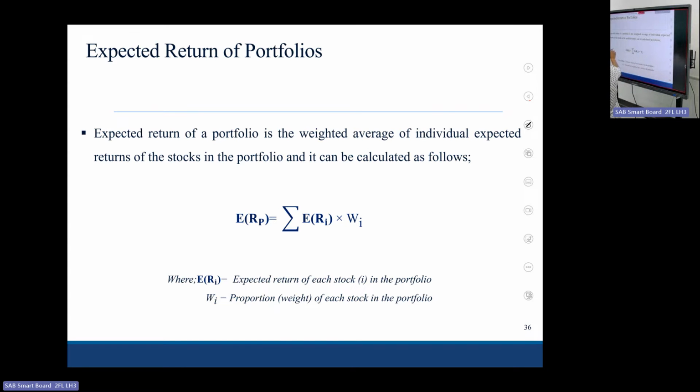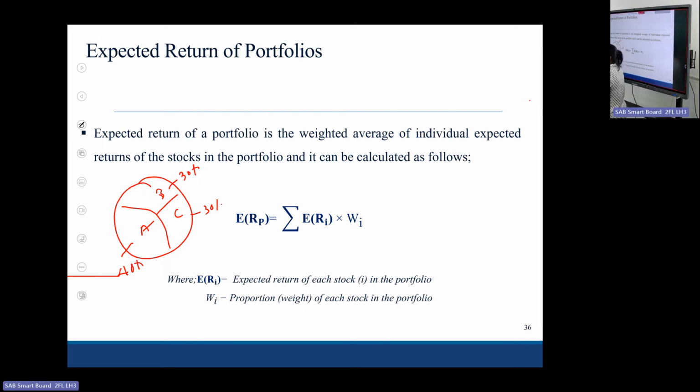Suppose you have 3 assets, A, B, C. Suppose you have invested 40% of your wealth in stock A, 30% in stock B, and another 30% in stock C. This is the weight of the portfolio.